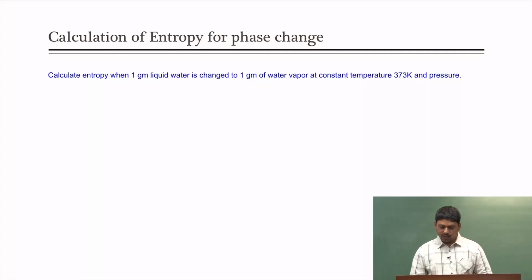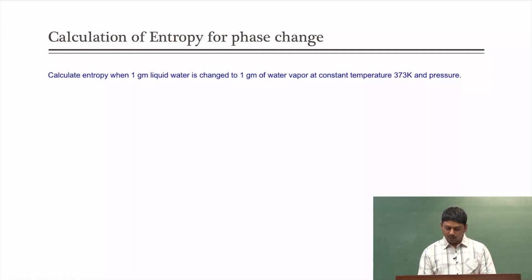Okay. So, calculate the entropy change for phase change, which is very simple. The question is to calculate the entropy when 1 gram of liquid water is changed to 1 gram of vapor at a constant temperature of 373 K. At 373, you know the liquid and vapor will coexist.